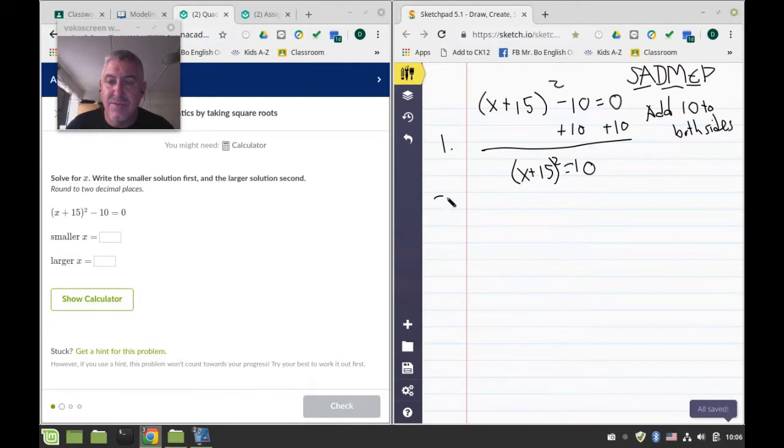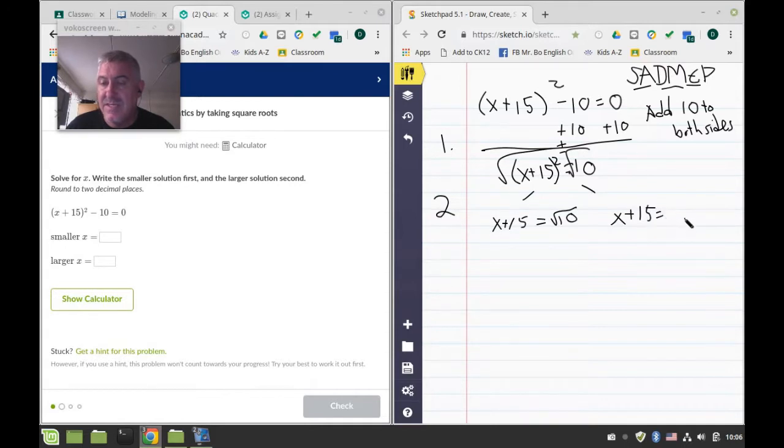And then step 2 is going to be take the square root. I have the square root of 10, and positive or negative square root. So we have to divide this up into two equations now. I have x plus 15 is equal to square root of 10, or x plus 15 is equal to negative square root of 10.